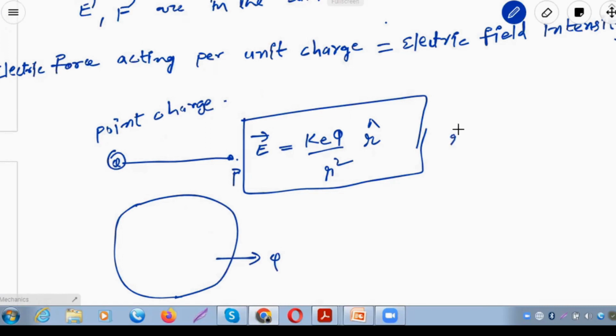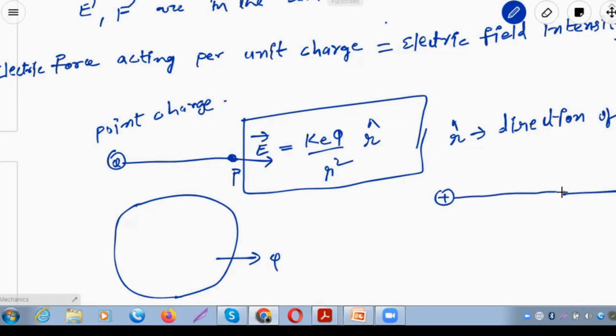Yes, sir. R cap is the direction of E bar. Normally the E bar direction is away from this point. Suppose you have a charge like this, at this point the electric field is away from it. Always from the positive charge, the electric field is away.